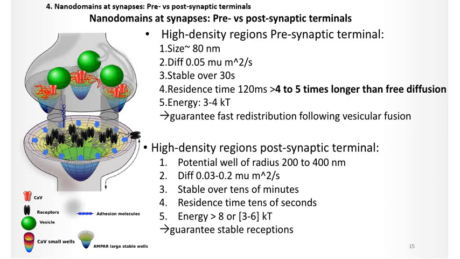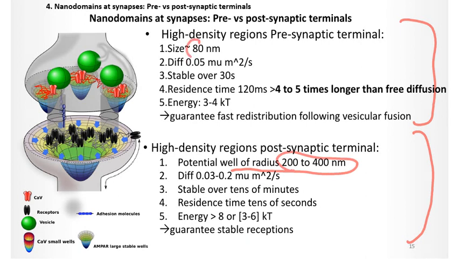In comparison of the pre with the post, the postsynaptic potential wells are much bigger, 200 to 400 nanometers compared to 80. The diffusion coefficient is about the same, but the stability of the well is much greater, of the order of tens of minutes compared to half a minute for the presynaptic terminal. The residence time is of the order of seconds, much longer, and the energy of the well is larger than the one in the presynaptic terminal.